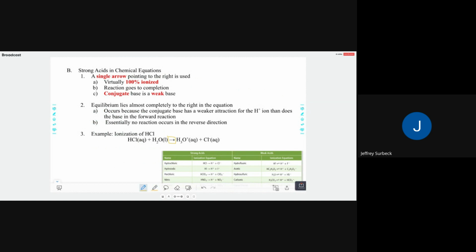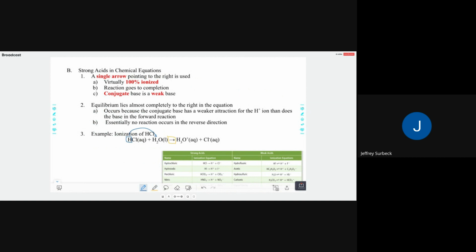What that means is that 100% of this H, 100% of that H is going to break away from the Cl, okay? And 100% of those H pluses get donated to H2O, and we have, again, most important thing, a single arrow as our strong acid shows.